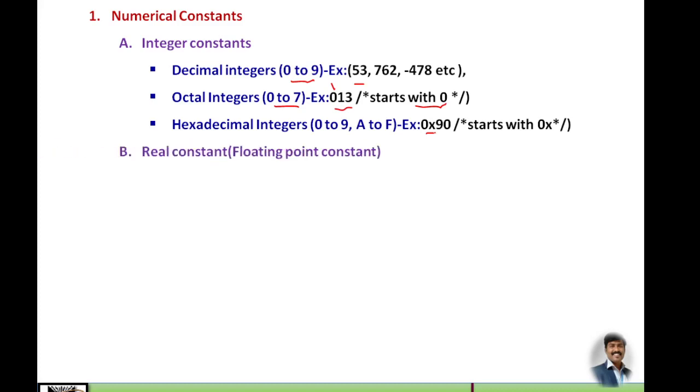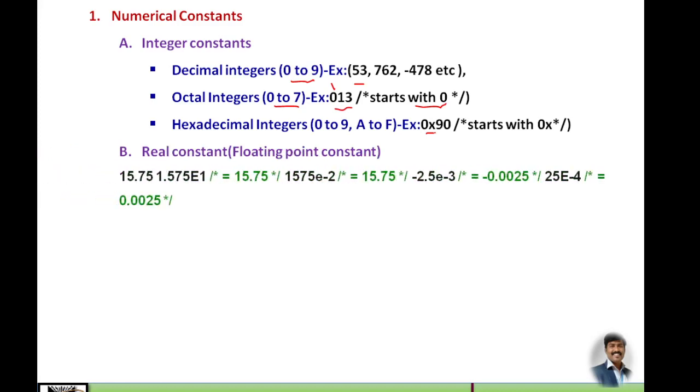And we have a real constant. Real constants are also called floating point constants. Real constants are written using exponential form, or you can directly write a constant with a decimal point. After that we have non-numerical constants, in which we have the character constant.